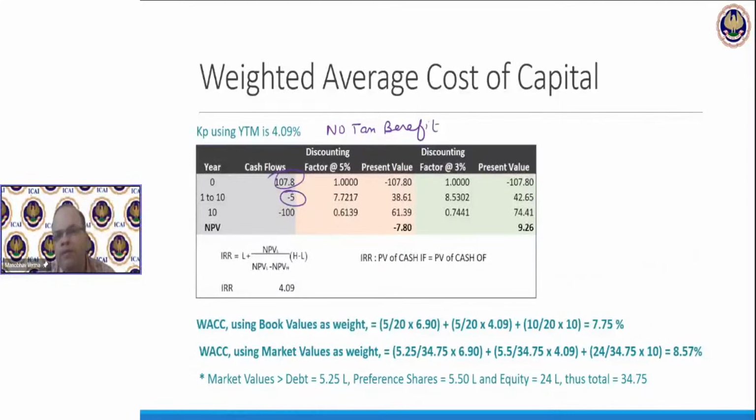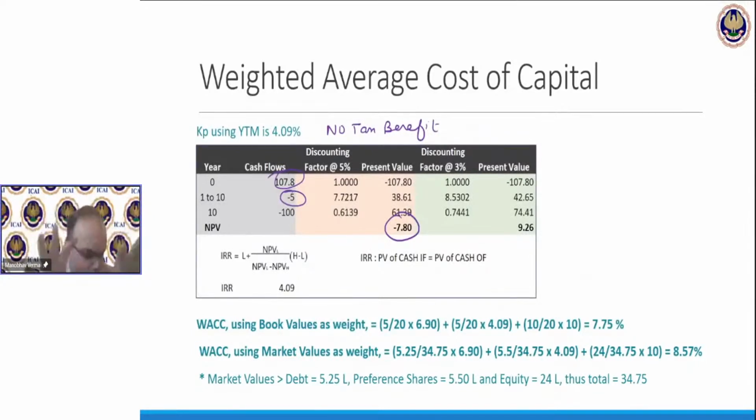Guys, I hope everyone is doing good till this point. Interestingly, and I think you might realize also, in this case at 5% itself I'm getting a negative NPV, and hence I'm forced to select a lower rate. So I've taken the second rate as 3%, which gives me a 9.26 NPV.